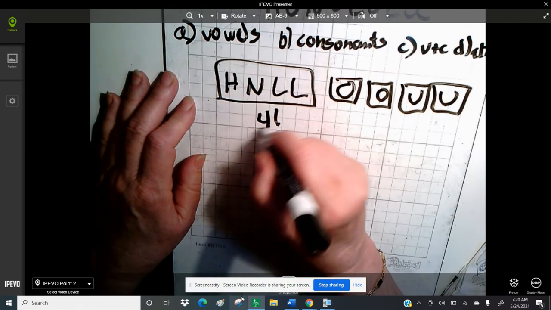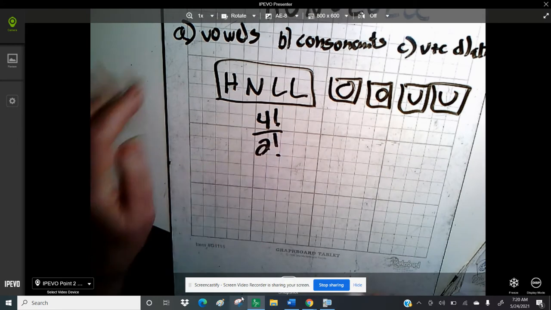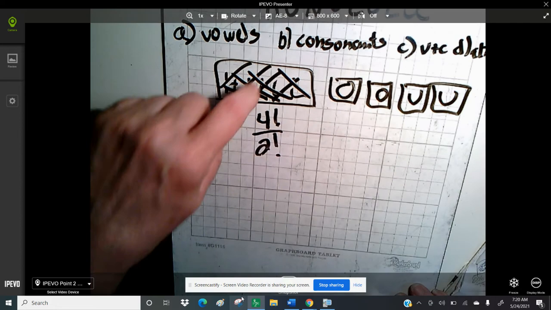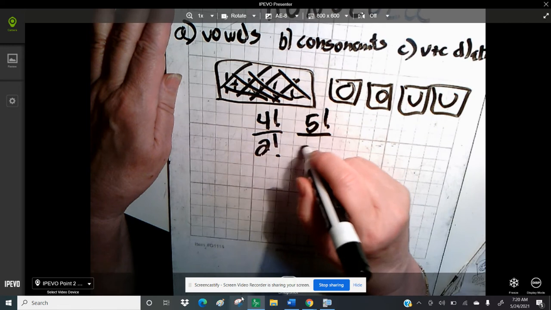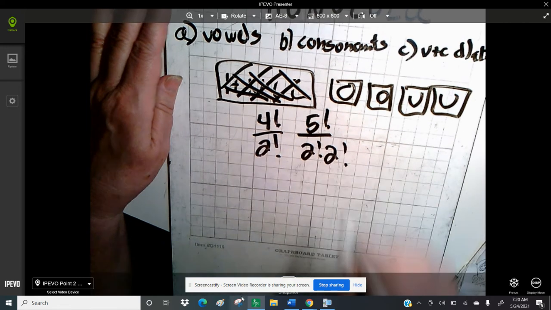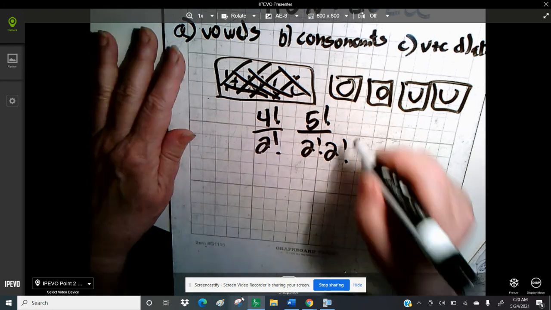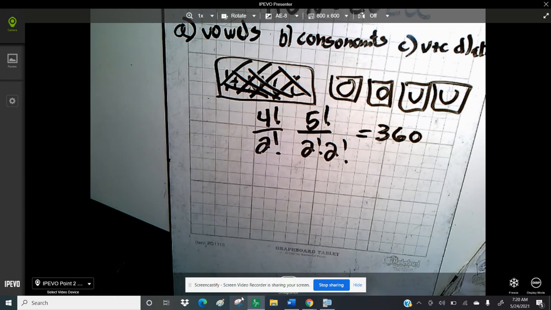So this will be 4 factorial over 2 factorial because I have 4 things but 2 L's. Now this becomes my little black box. And how many ways can I arrange these 1, 2, 3, 4, 5 things? But I have 2 O's and 2 U's. So you can see this is exactly the same setup that we had last time. So we know that this is also going to come out to 360.